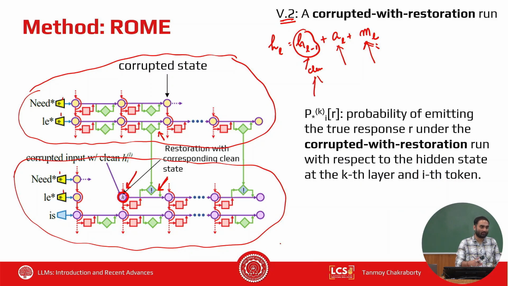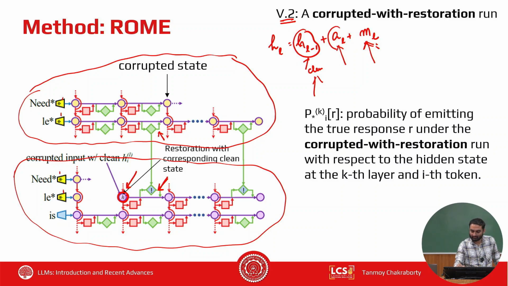If I did not replace this, what would have happened? This H_(L-1) would also affect M_L, right? I want to sever, I want to block this effect. So clean H_(L-1), corrupted A_L and corrupted M_L.